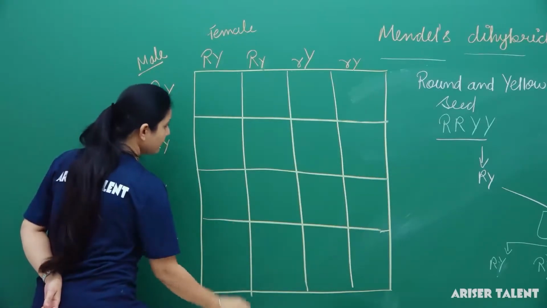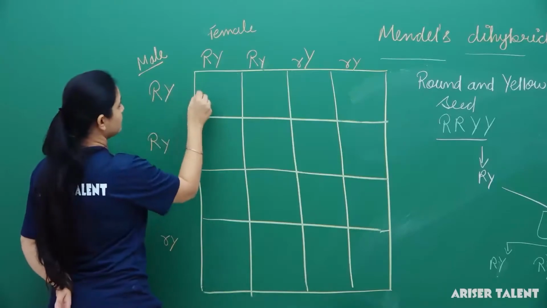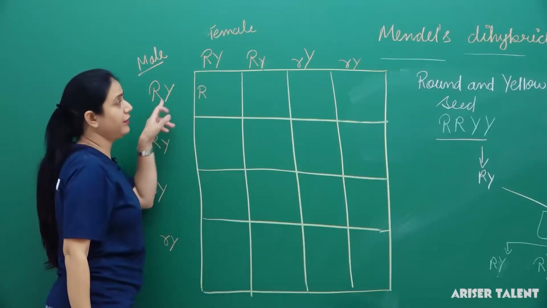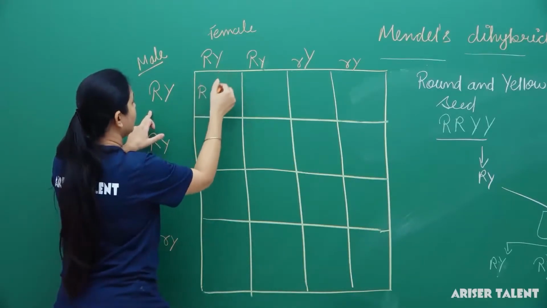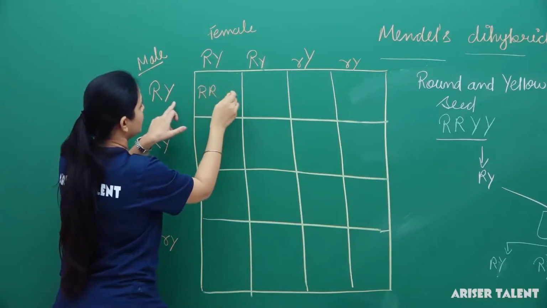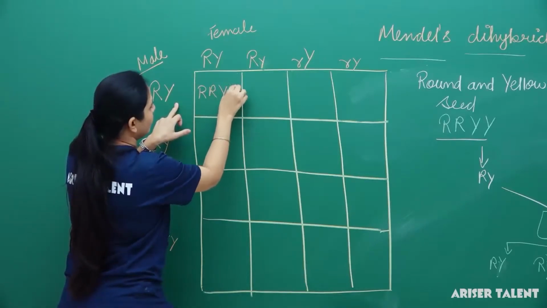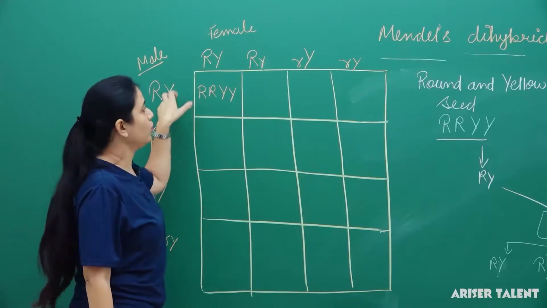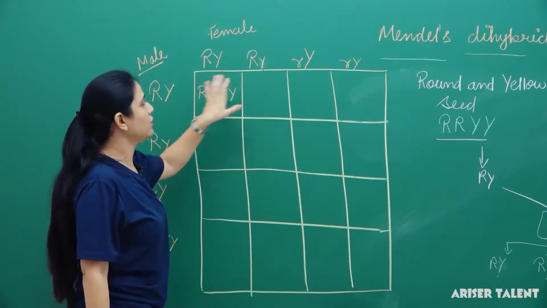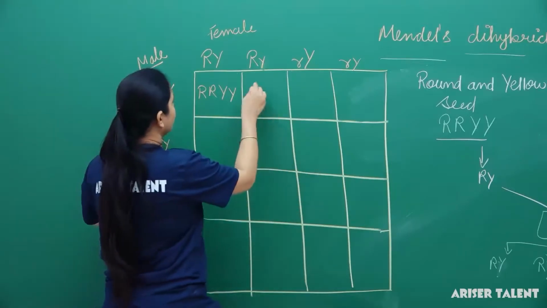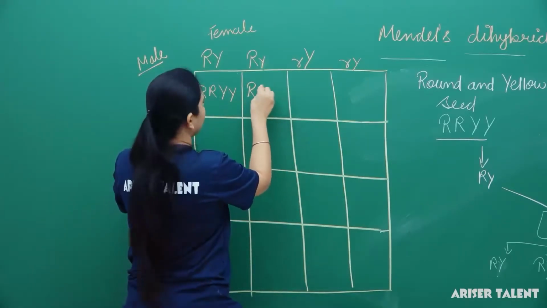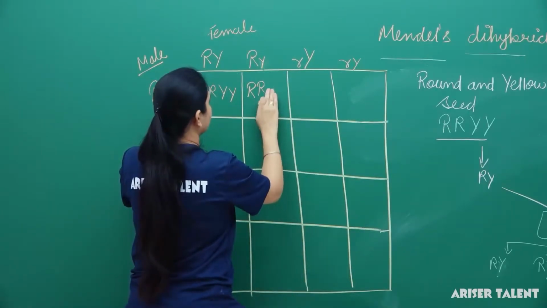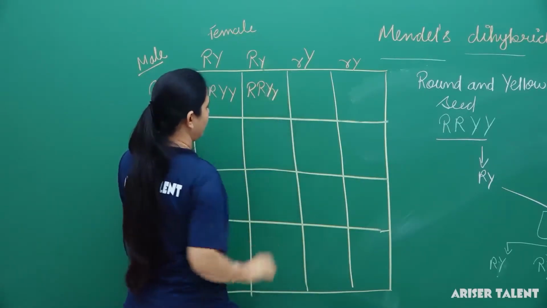Here we can mention the result was capital R, capital Y. When it was crossed with this female plant, then capital R and capital Y. When this gamete was self-pollinated with this gamete, the result was capital R and capital R, capital Y and small y.